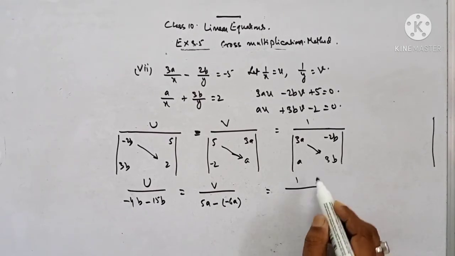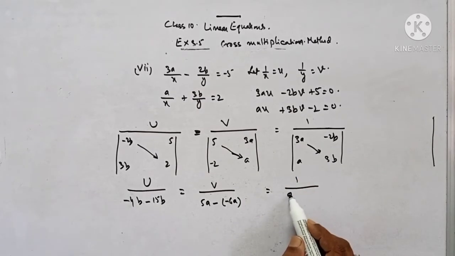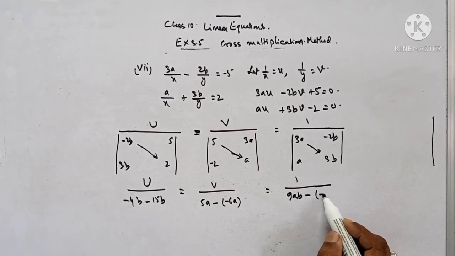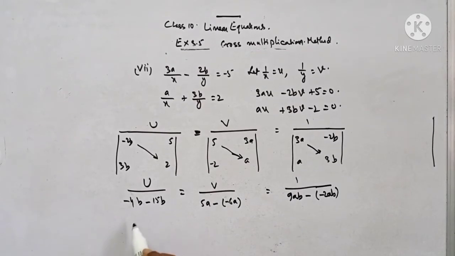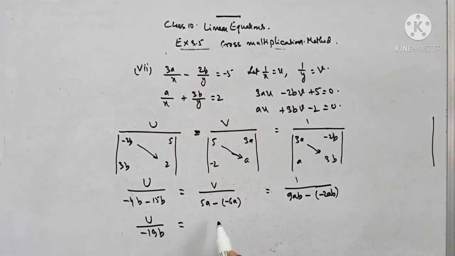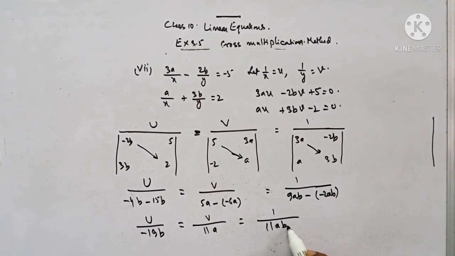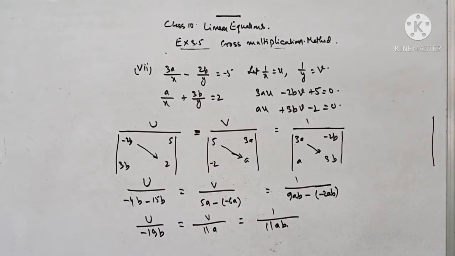Again this is 9ab minus 2ab. So this will be u by minus 19b, and this is v by 11a, and this is 1 by 11ab.